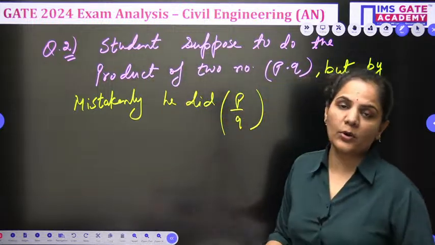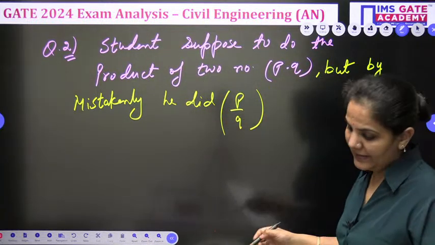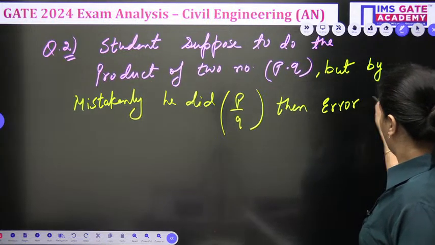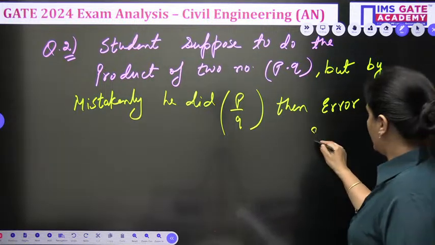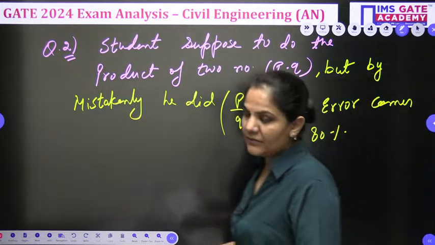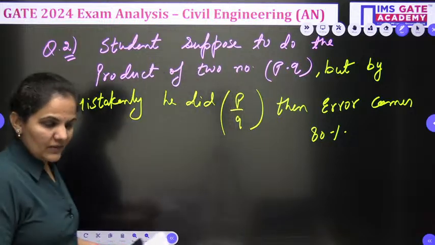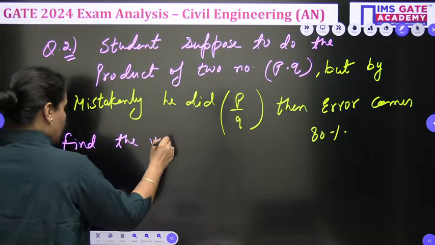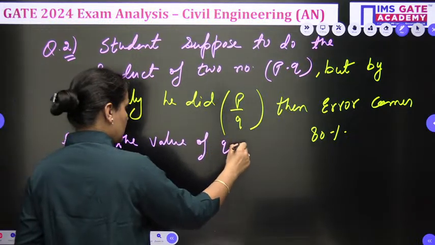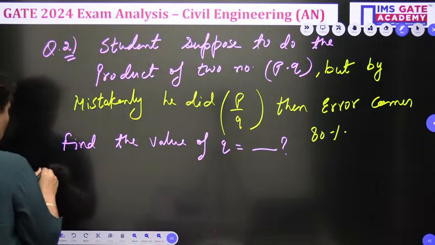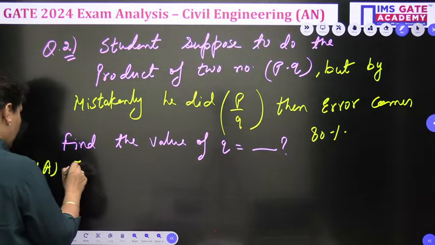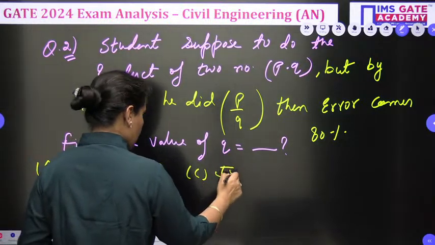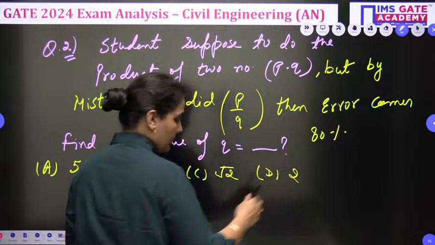In this whole process the error was 80%. So find the value of Q in this case. We are having options also. Options were 5, square root of 5, square root of 2 and 2.